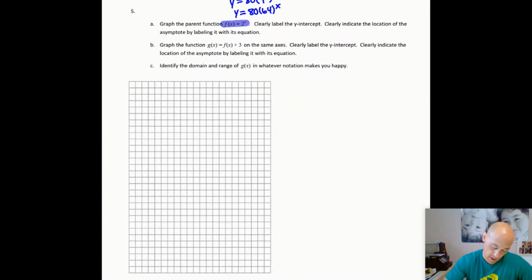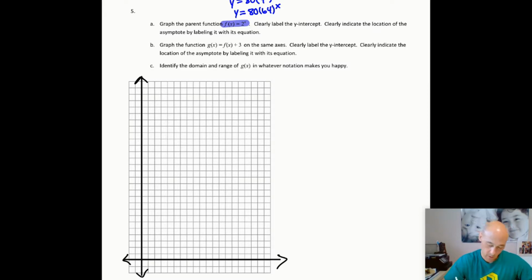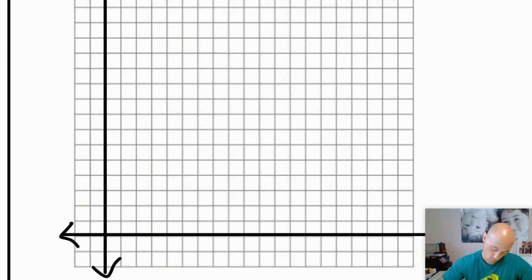All right, so I'm going to need to put on some axes here, and let me see if I can do this kind of nicely with this little trick. Yeah, that seemed to work pretty well. And then I'm going to do that the other way as well. All right, so on my x-axis, my guess is that I'm going to be able to go about every 4 for 1 unit.